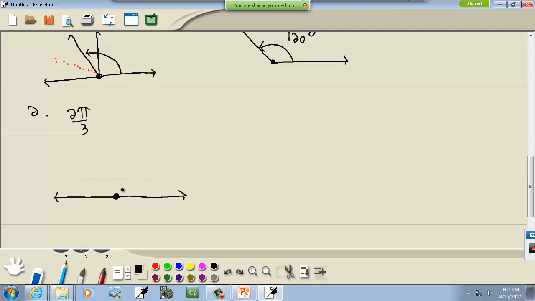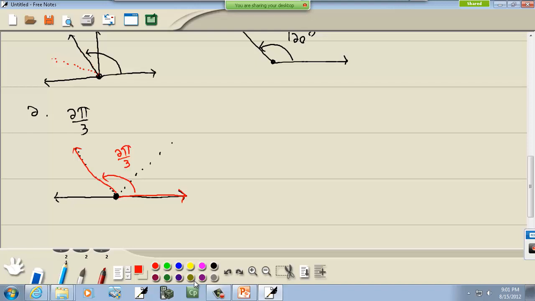Well, if I split this into thirds, if I can actually eyeball this, not real good, but probably as good as I'm going to do without some kind of measure. So that's a third, this is a third, and this is a third. Use your imagination. So if this is our initial side, then 2/3 pi would be over to here. So that's 2 pi over 3.